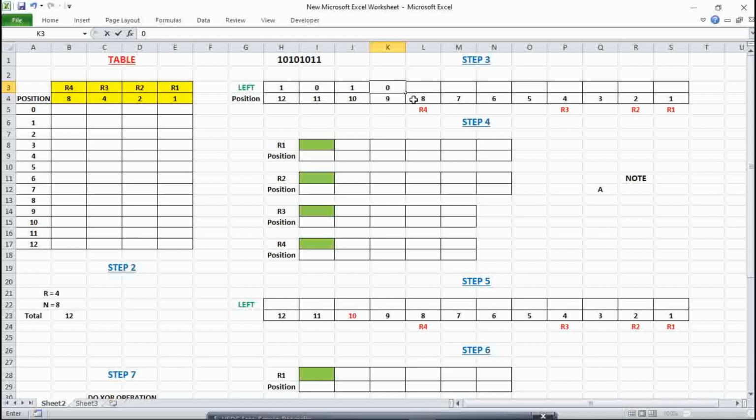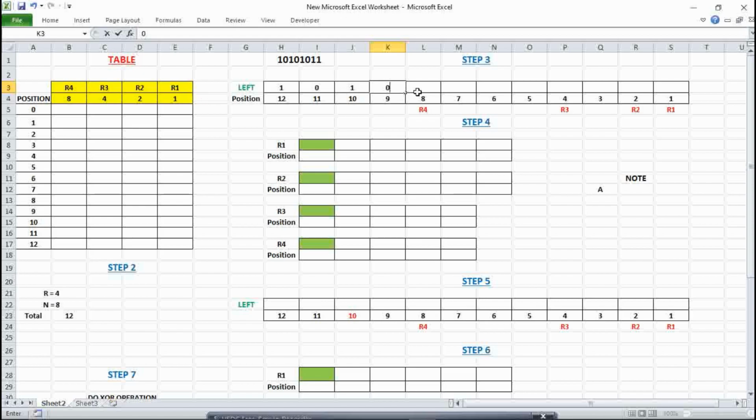Why have I left 8 here? Because 4 redundant bits are present here. So 2 raised to power 0 is 1, 2 raised to power 1 is 2, 2 raised to power 2 is 4 and 2 raised to power 3 is 8. So these are the positions of the redundant bits. These are always calculated as 2 raised to power something, okay?